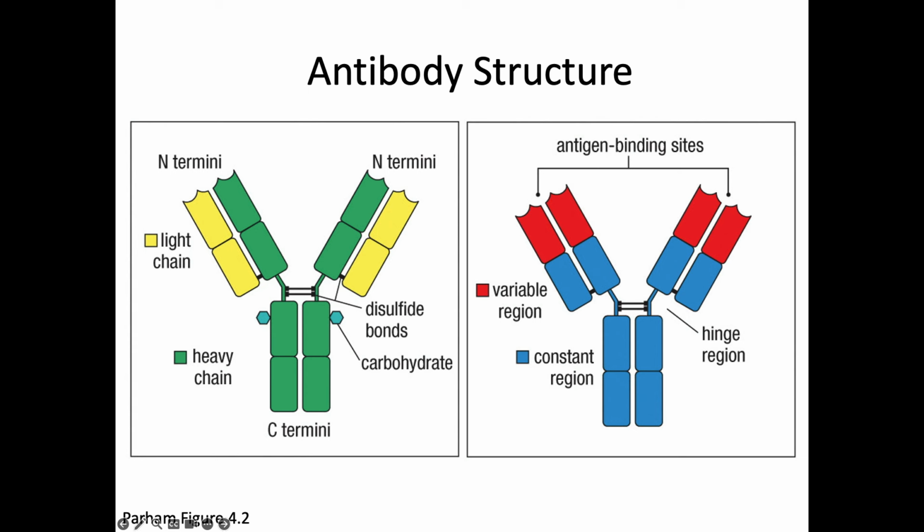When you look at these images of the antibody structure, you can also notice that the antibody is drawn as being made of some rectangles. You can see we've got rectangles depicted here.